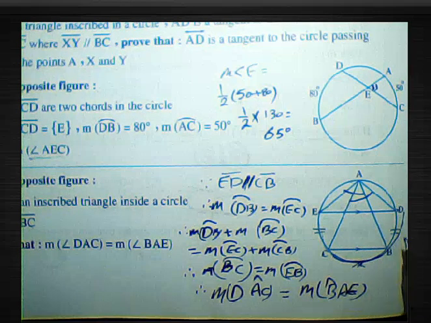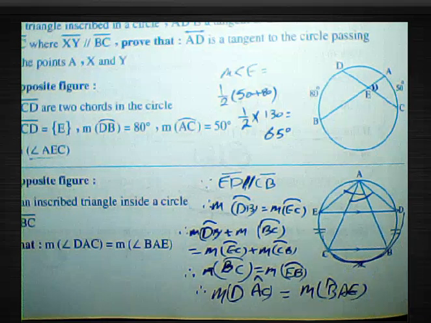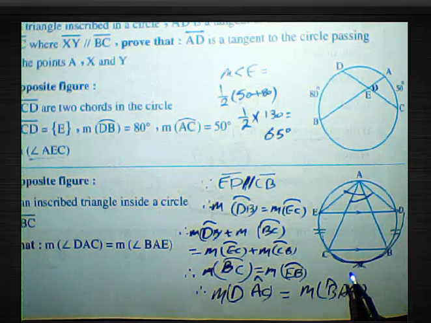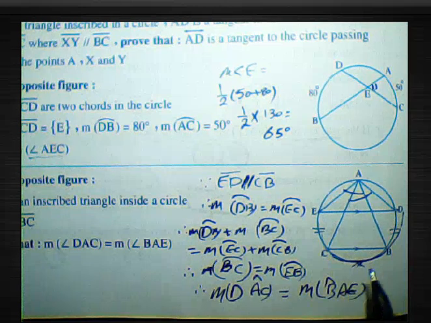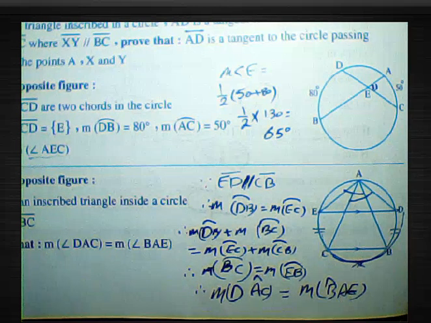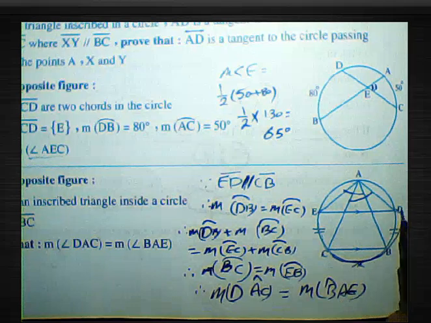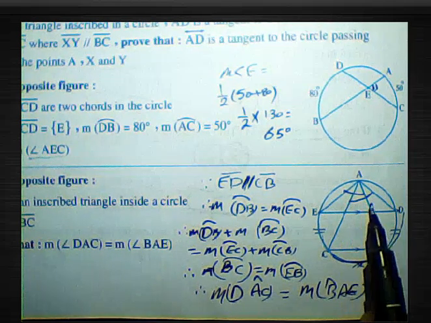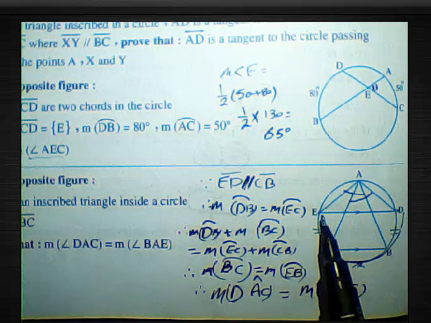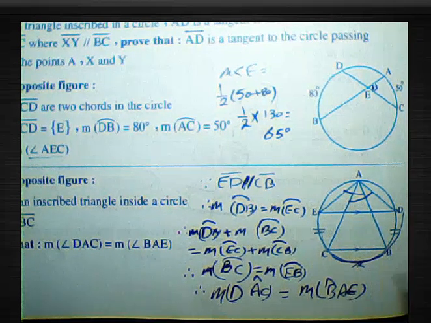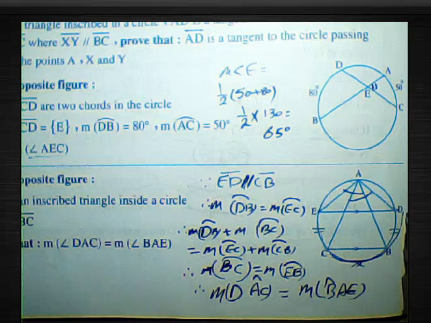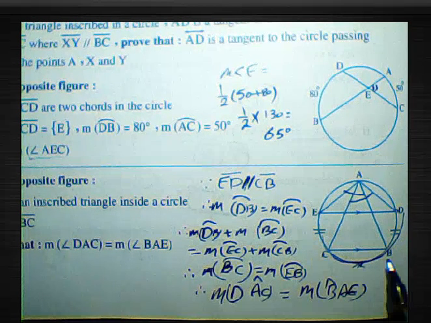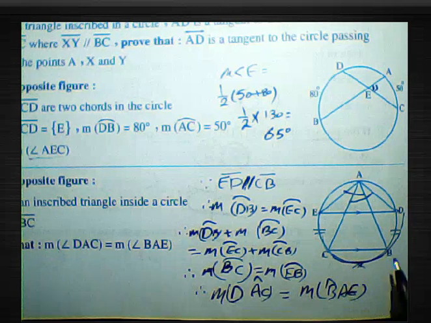Then the measure of arc DBC equals the measure of arc ECB, and we have two inscribed angles drawn on the same arc, equal in measure: angle DAC equals angle EAB, because this angle DAC and this angle EAB are drawn on the two arcs DBC and ECB, and these angles are equal in measure.